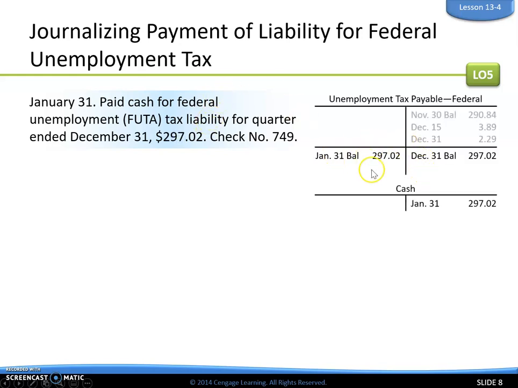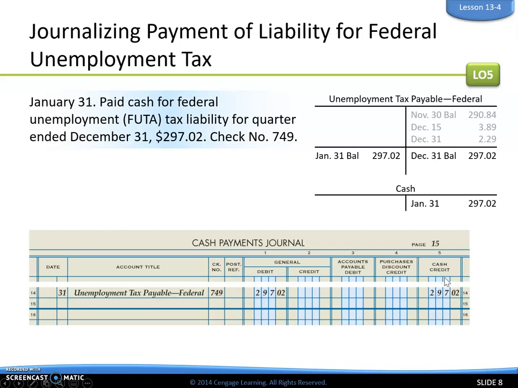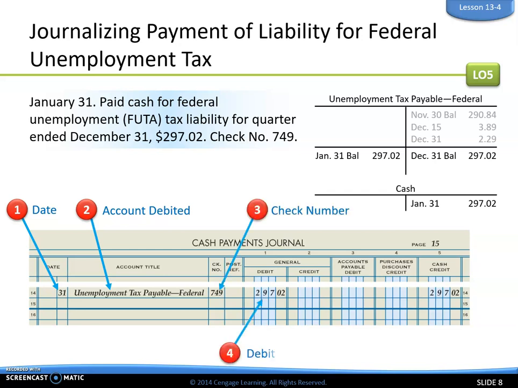We are going to debit our federal unemployment tax payable, and we're going to credit cash. So all we're doing is putting in our date, our debit to our unemployment tax payable federal, our check number, and then our credit to cash.